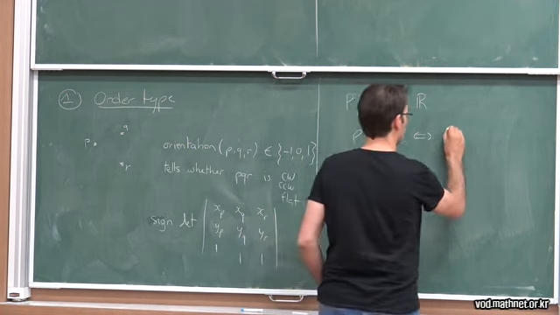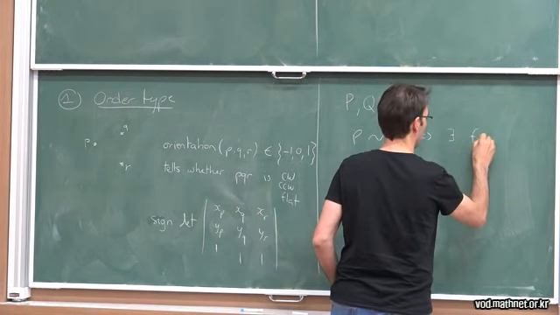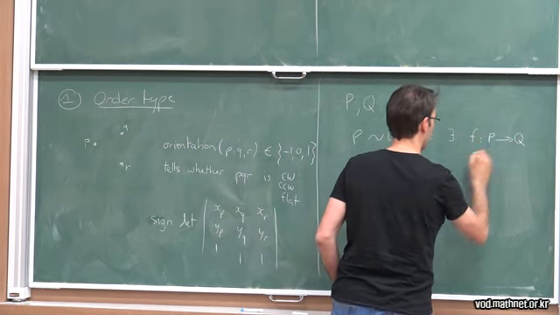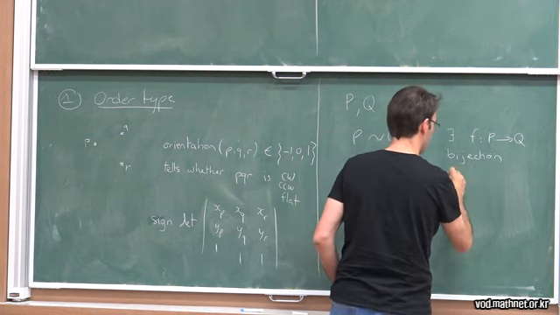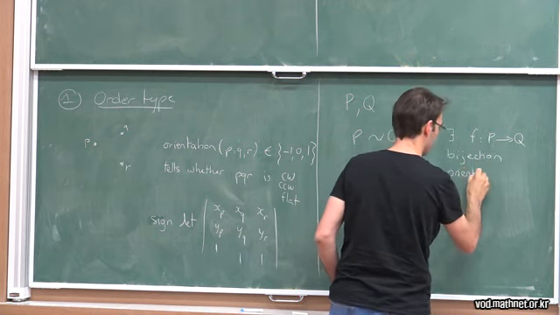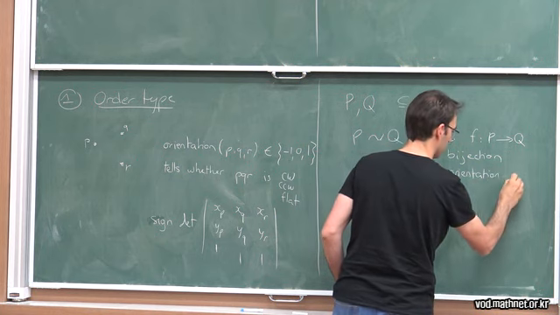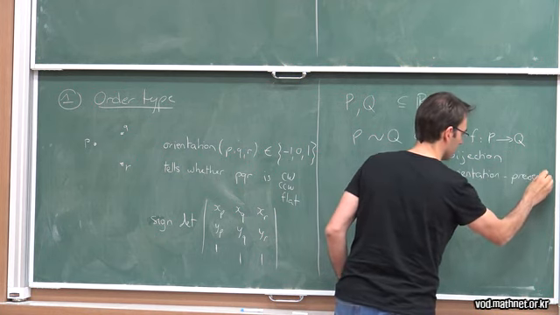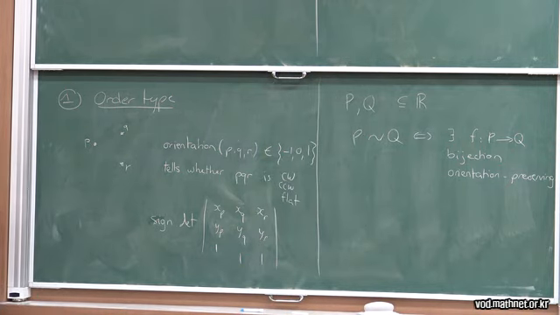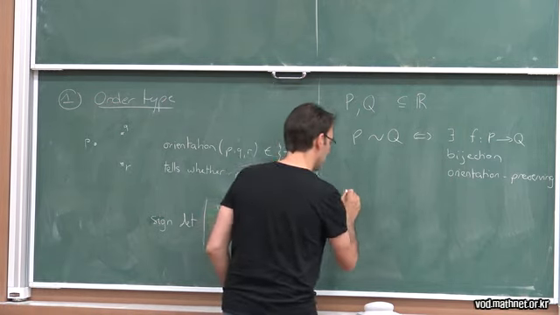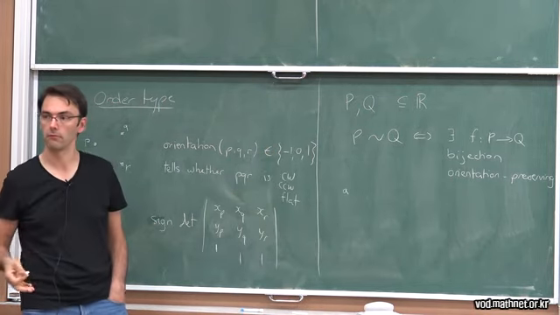So there exists f from P to Q that is a bijection and orientation preserving. An order type is simply an equivalence class for this relation.